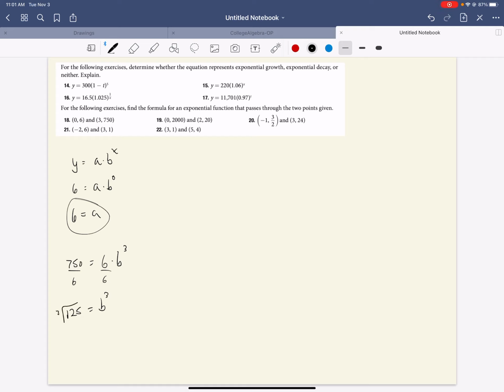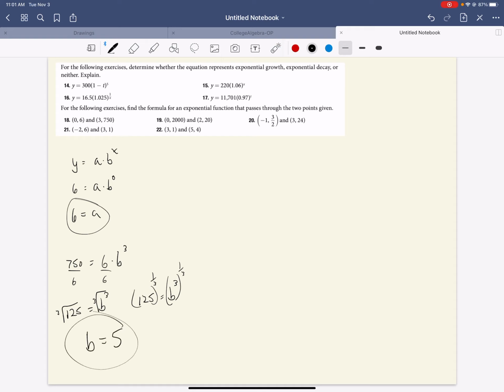And if I cube root both sides, or I could take both sides to the 1/3 power, because a power to a power you multiply, and 3 times 1/3 equals 1. So this side is b to the 1. And the cube root of 125 is 5. So any way you slice it, you get b is 5.